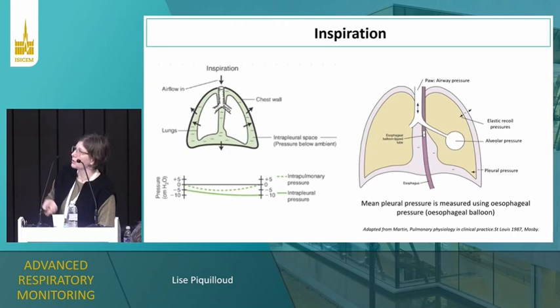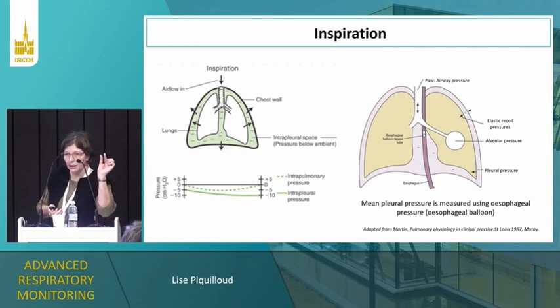This reflects the contraction. And during the whole inspiration, it's going to reflect the whole contraction during inspiration. Then if we could measure that, the change in pleural pressure during inspiration, we should be able to assess both drive, very early phase, and effort during all inspiration.